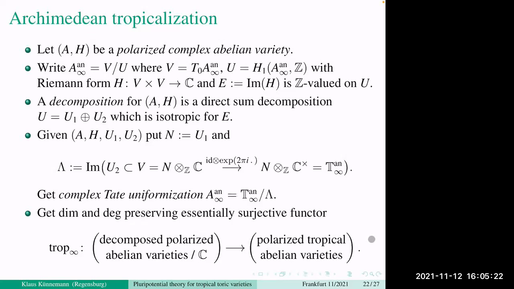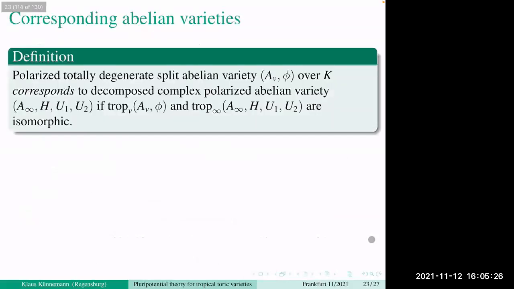And this allows us again to link the non-Archimedean and the Archimedean world. So now we say that a polarized, totally degenerate split abelian variety A^an, which is defined over K, and a decomposed complex polarized abelian variety here, correspond to each other if their tropicalizations are isomorphic. There does not have to be a common field of definition or anything.